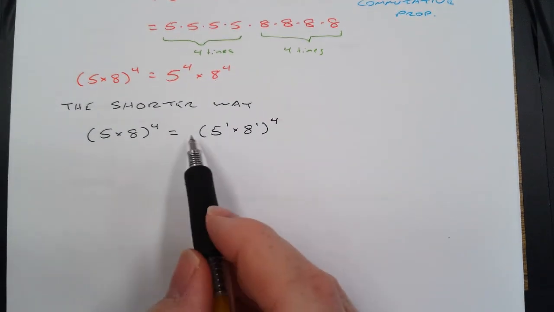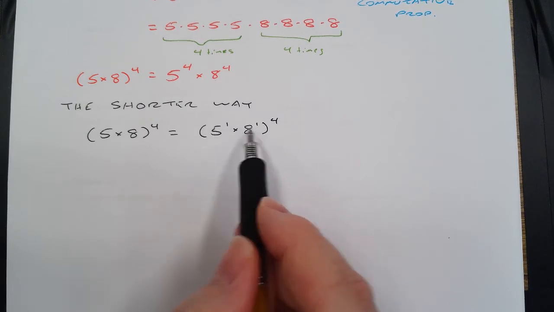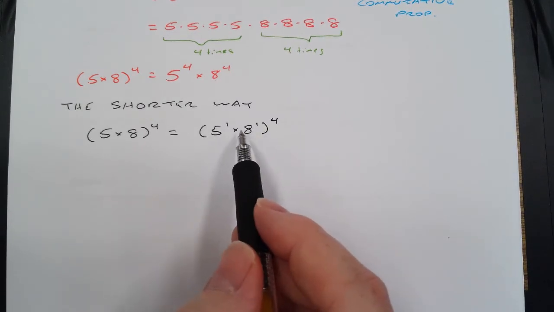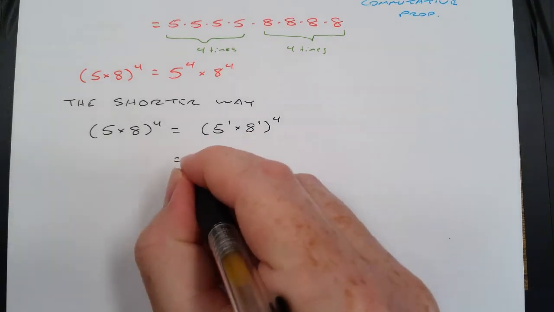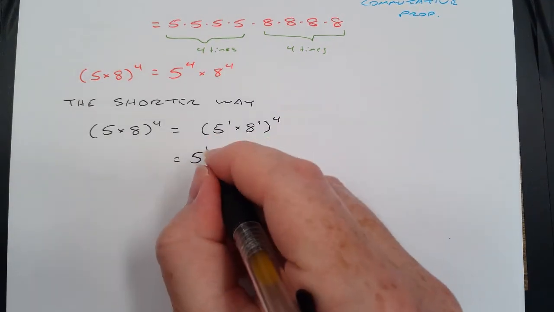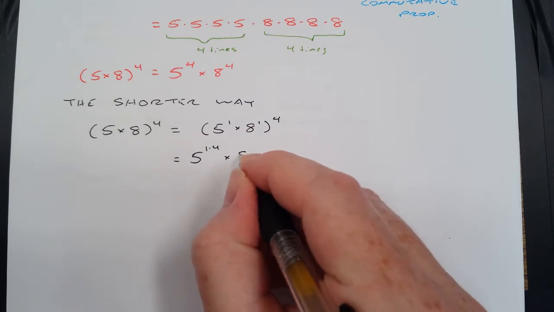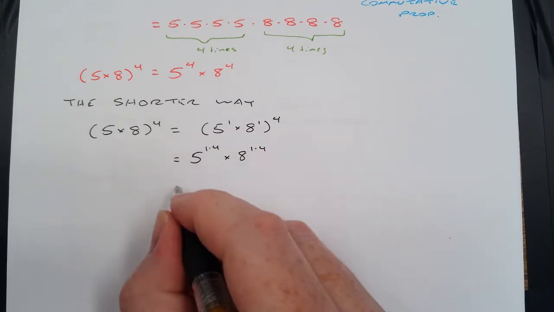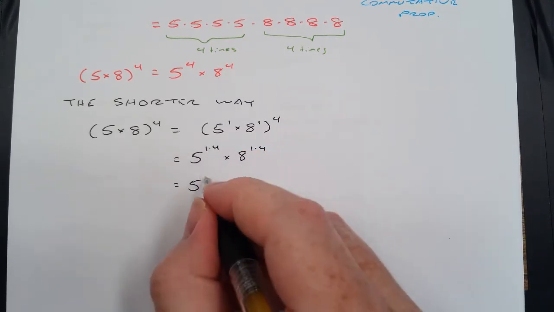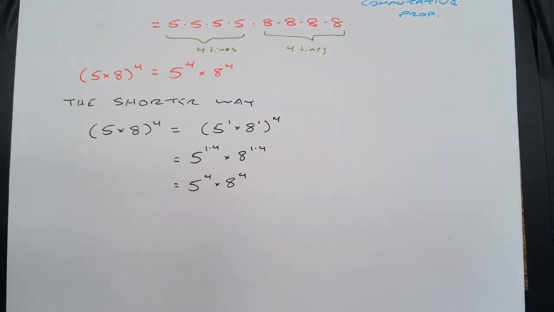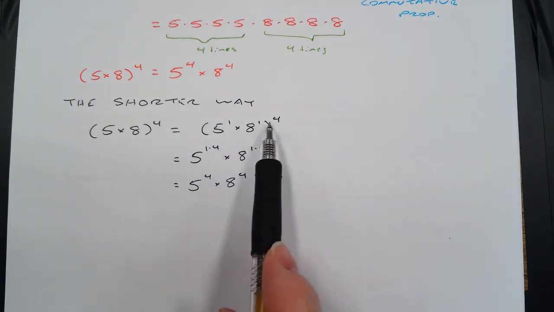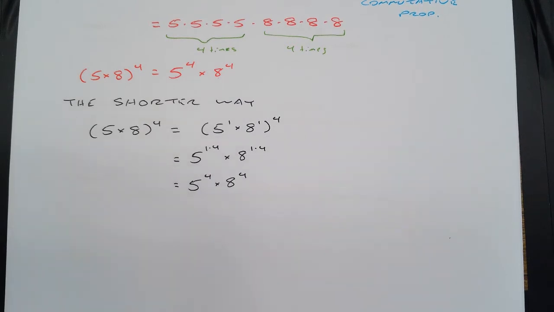Do you see how all I did was add the invisible 1 exponents here? Now I can use the rule from the beginning of this lesson. I multiply the exponents: 5 to the 1 times 4 and 8 to the 1 times 4. So 1 times 4 is 4. 8 to the 1 times 4 is 4. So instead of stretching the whole thing out, all I have to do is multiply the exponents, even the missing ones.